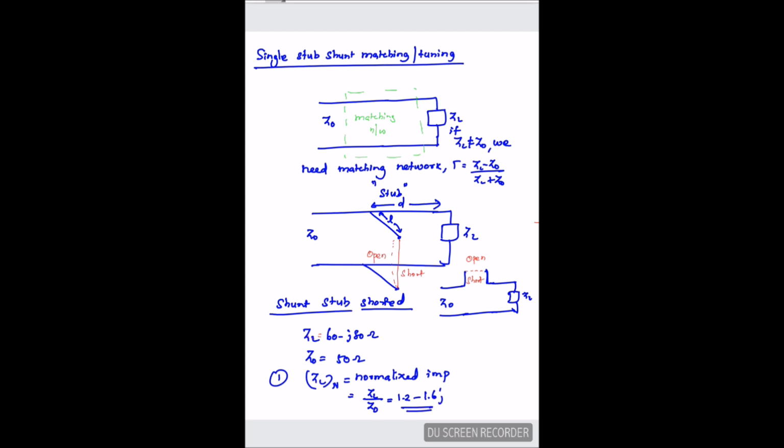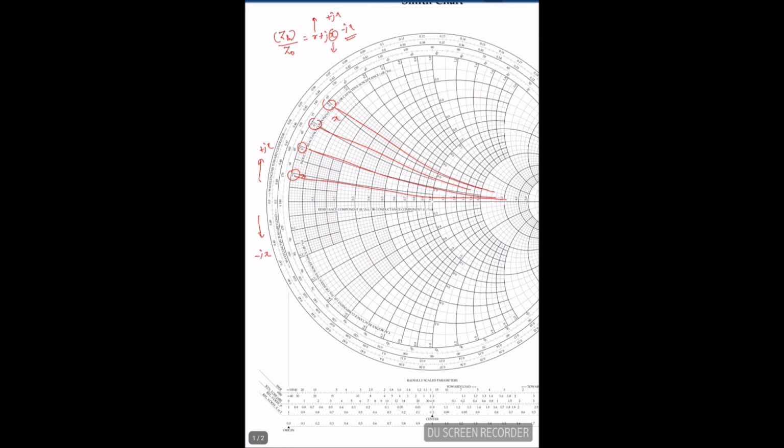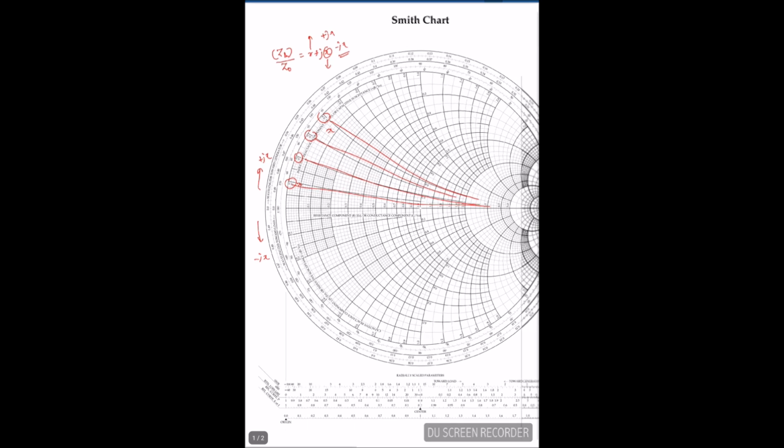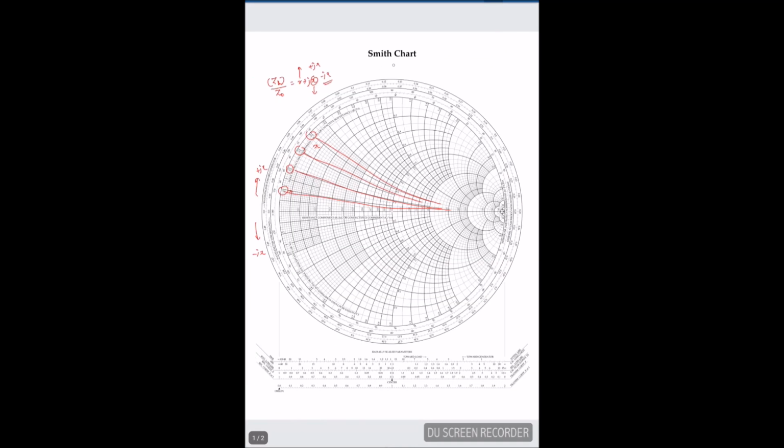So the very first step in the Smith chart is to mark the normalized impedance point in the Smith chart. So I have to mark where is my 1.2 minus 1.6j. Here I'll just rub off all the points which are not necessary now.